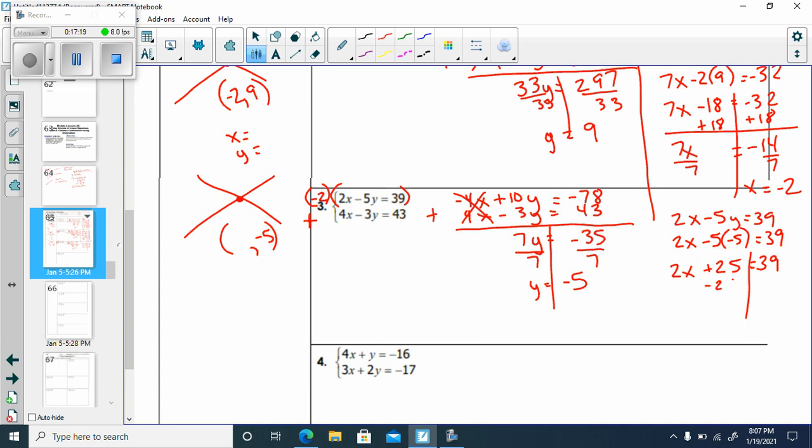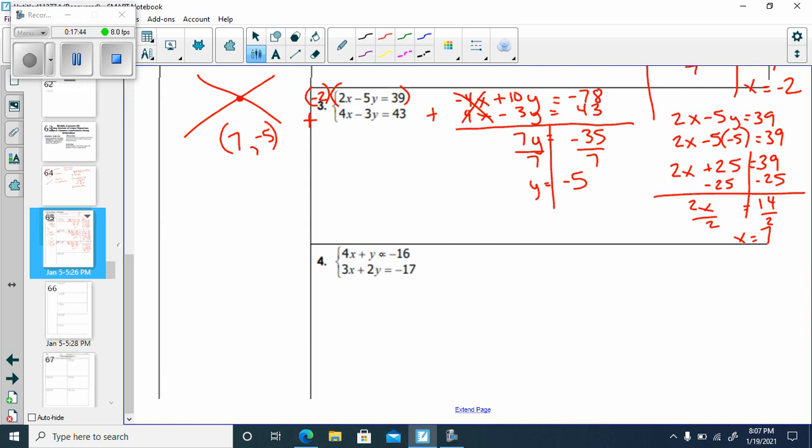Let's subtract 25 from both sides. 2x is equal to 14. Divide both sides by 2. And x is equal to 7. We got 7, -5. This is the place that these two linear equations intersect.